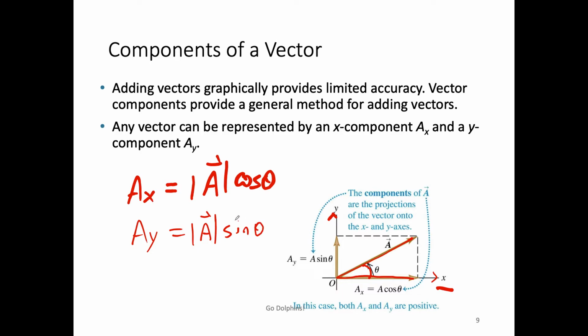And if you interpret Ax as a vector in the x direction, then your A is your Ax plus Ay. You can also see this graphically. This is Ax in the x direction, this is Ay in the y direction. You add those two vectors up, you get your A.